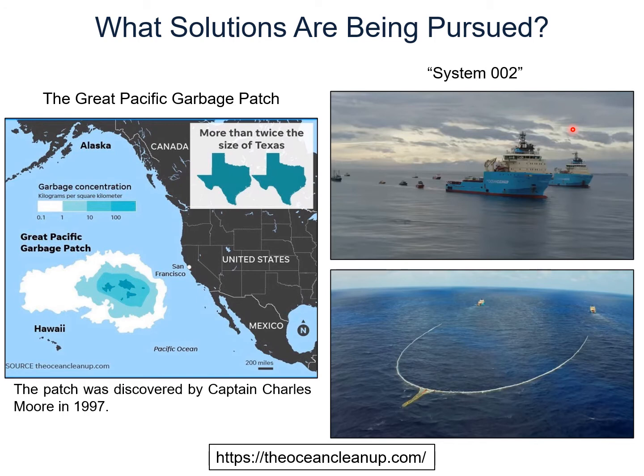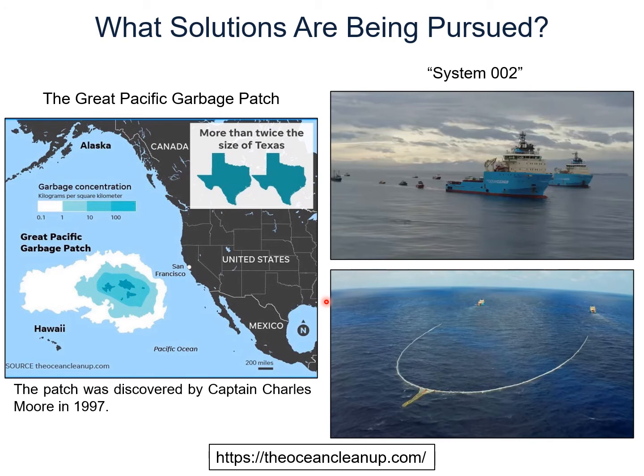This is Boyan Slat. He has a two-boat system. And you can see down in this third figure how there's a barrier that is U-shaped. As the two boats move forward, and they are positioned here and here, the barrier, which is a net, will collect plastics that are in the ocean, and there are areas where fish could exit the barrier so that only the plastics are collected, and it moves at 2 miles per hour.